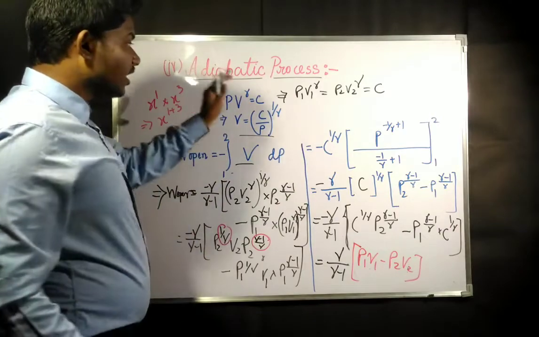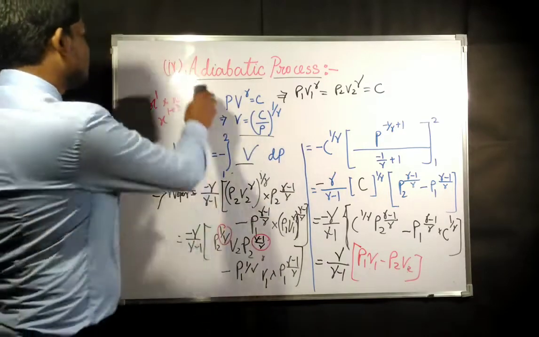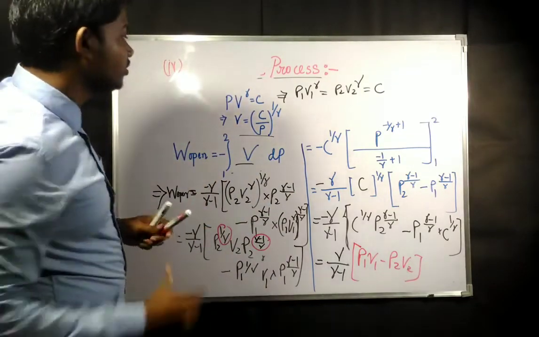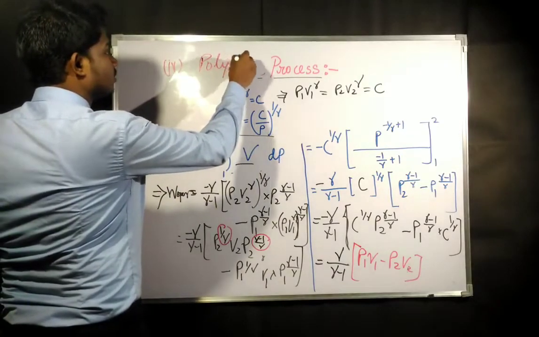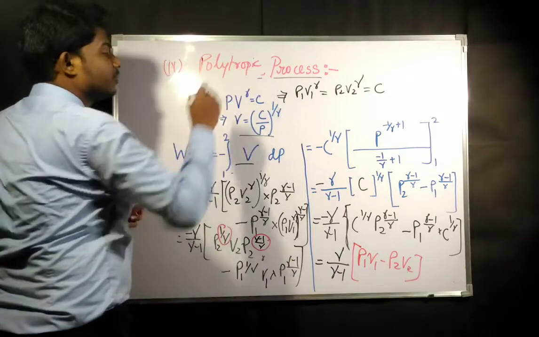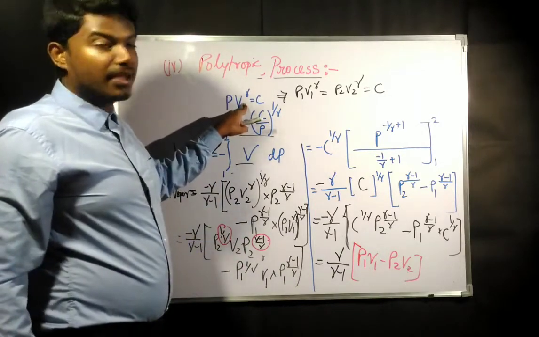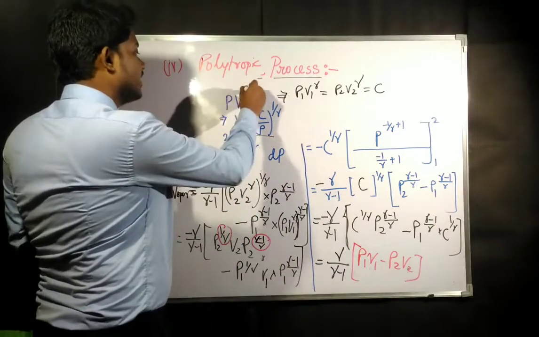Okay, now in the same way we can say that if it is replaced by polytropic process, what happens? In place of adiabatic, this is PV to the power gamma is constant, but in case of polytropic process, it is PV to the power n is constant.